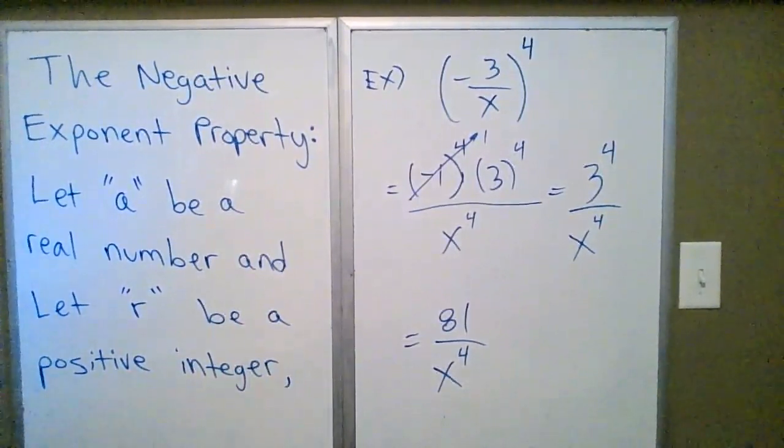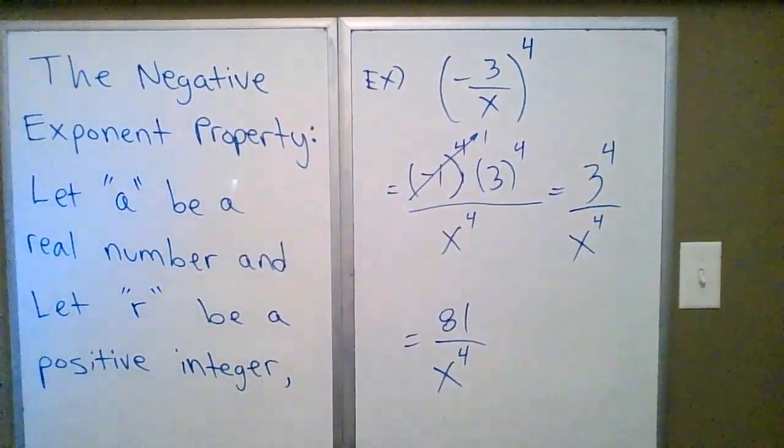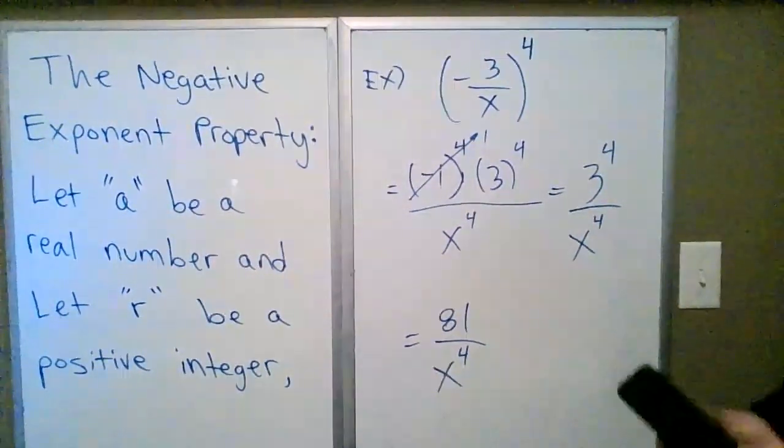Then a with the power of negative r is 1 over a to the r.